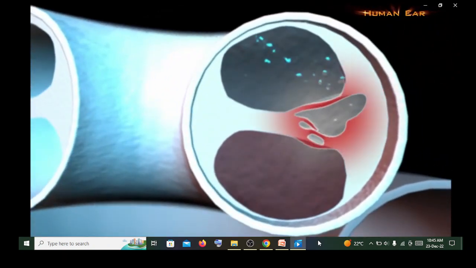These pressure waves reach the sound receptor cells present in the organ of Corti.